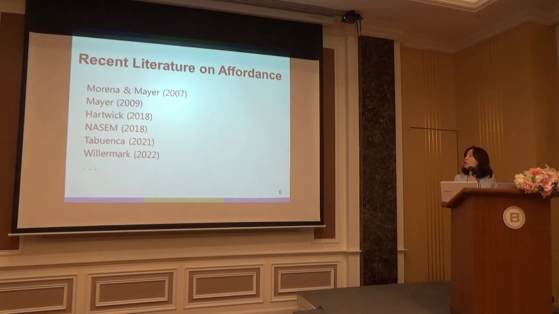So for our research, we reviewed a series of literature on affordance. This is just some of the recent literature in selection. We conducted an in-depth review of studies using the concept of affordance in education.